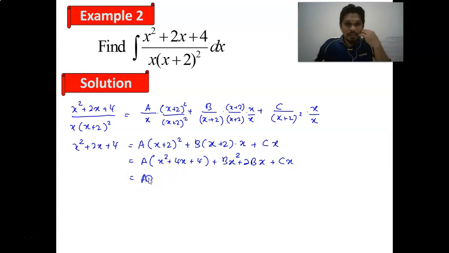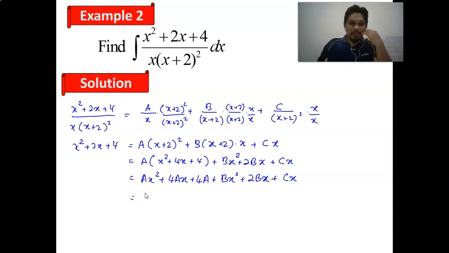So then Ax² + 4Ax + 4A + Bx² + 2Bx + Cx.